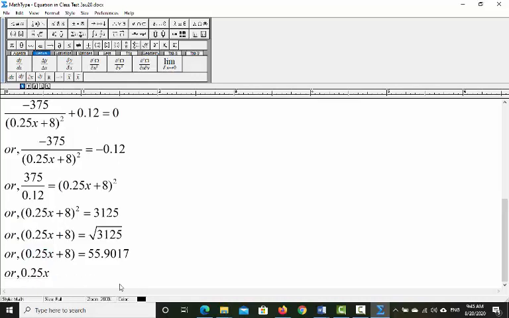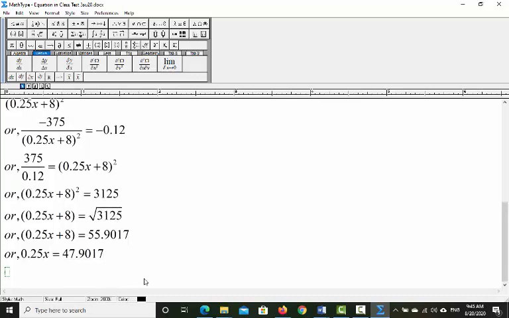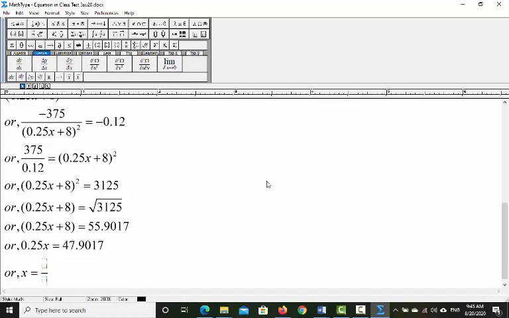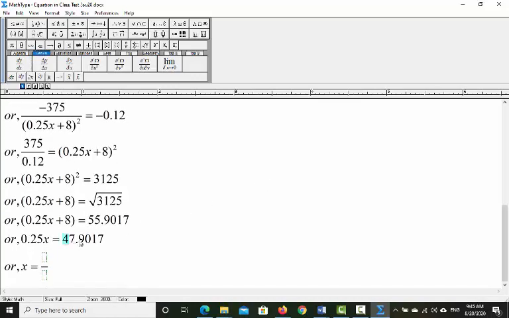So now what we will do, we can move the 8 to the right hand side. If you move 8 to the right hand side, so this one minus 8. So what we will have, 47.9017. Right. So now x is equal to this one divided by 0.25.